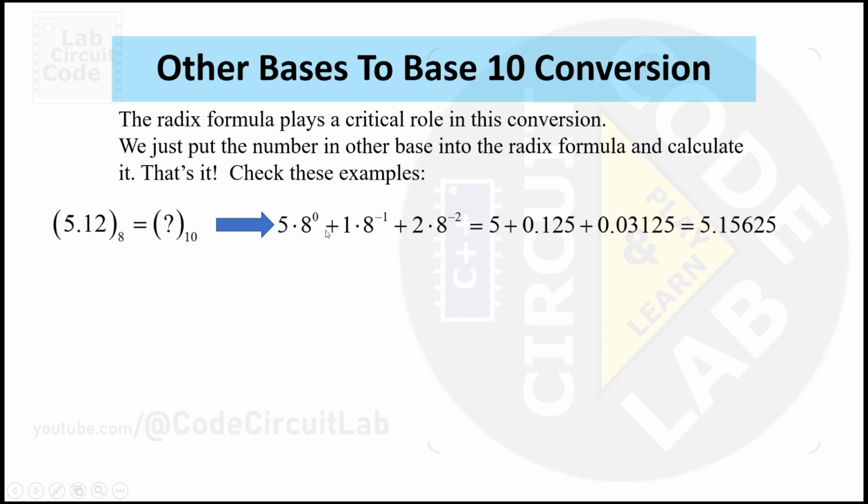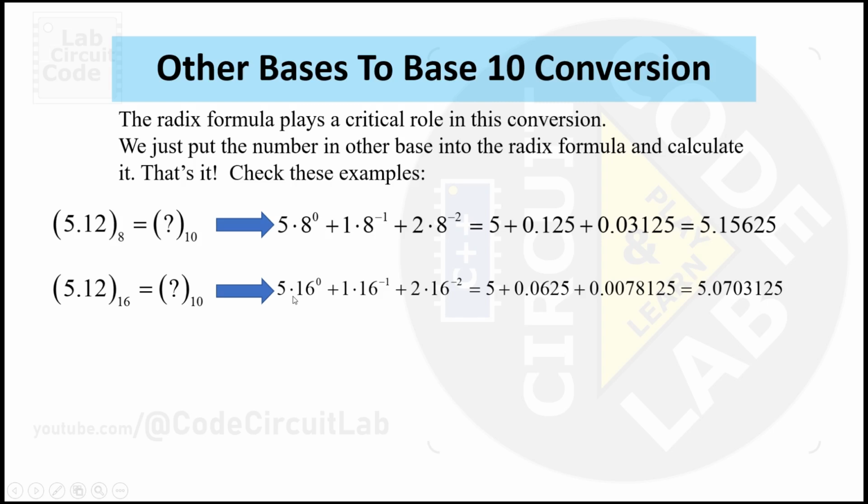R is 8 here, so we place R's and we just calculate what comes up. 5 and 0.125 and this one, which is too long actually, and we get this number, 5.15625.